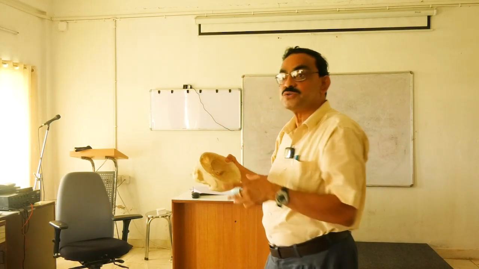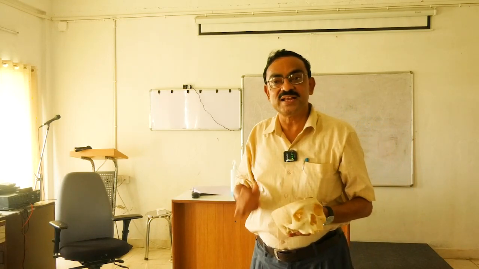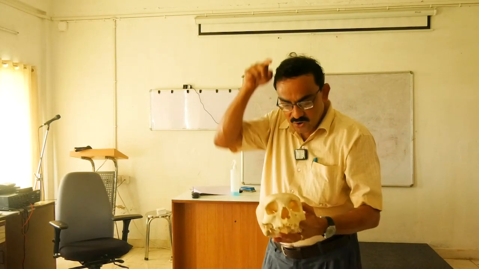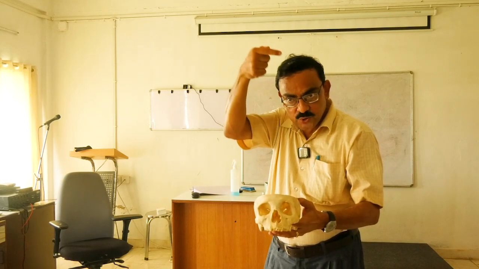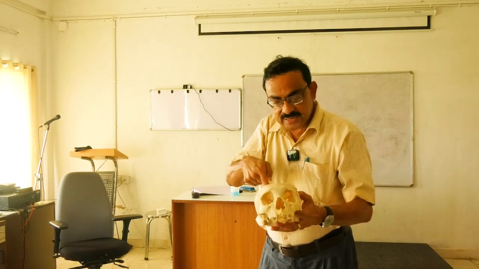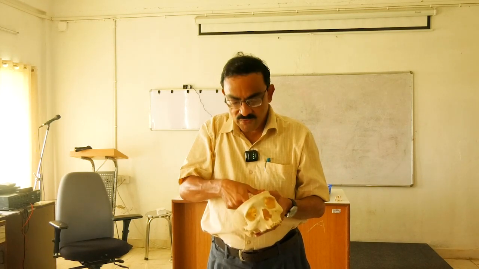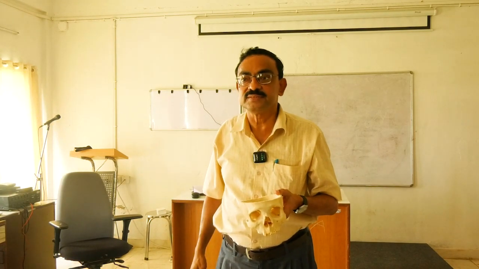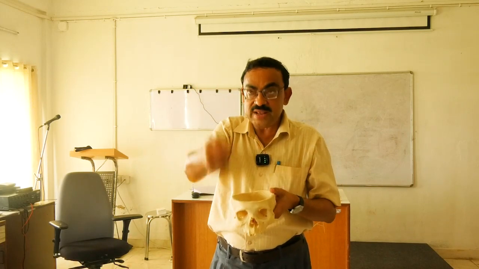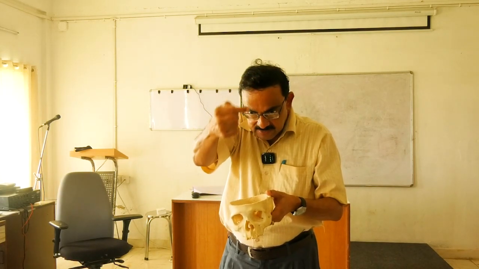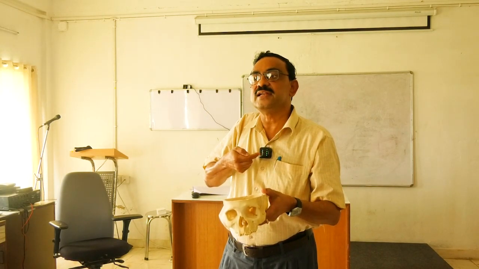Then what is the source of the transverse sinus on the left side? We know on the right side the source is the superior sagittal sinus, which becomes the transverse sinus. On the left side, there is the superior sagittal sinus and the inferior sagittal sinus.